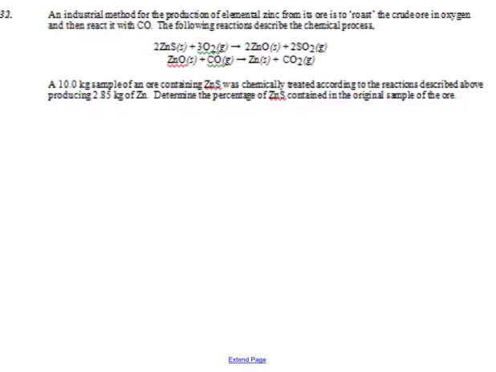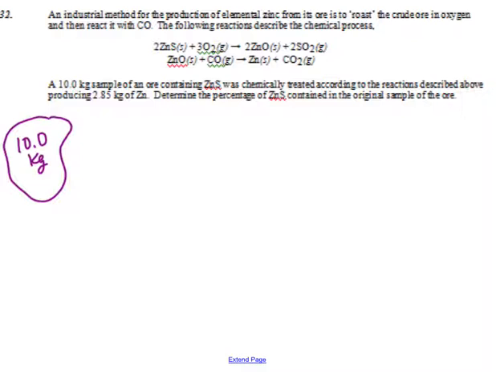So it says a 10 kilogram sample of an ore containing zinc sulfide was chemically treated with those reactions, producing 2.85 kilograms of zinc. Determine the percentage of zinc sulfide in the original sample, in the big piece of ore. So you're a miner, and you go into a mountain and you dig out a 10 kilogram sample.